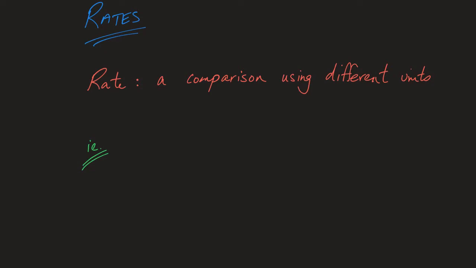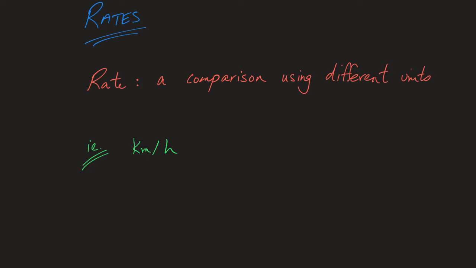For instance, I would bet that if you came to school today, you would have passed this rate probably 10, 15 times. For most of you, you would have passed a speed sign and seen kilometers per hour written on it. That is a rate. It compares kilometers with hours.